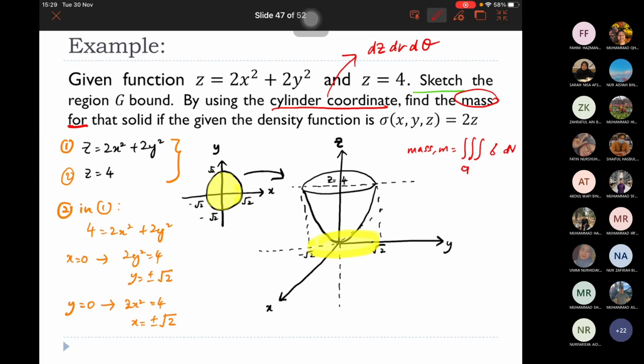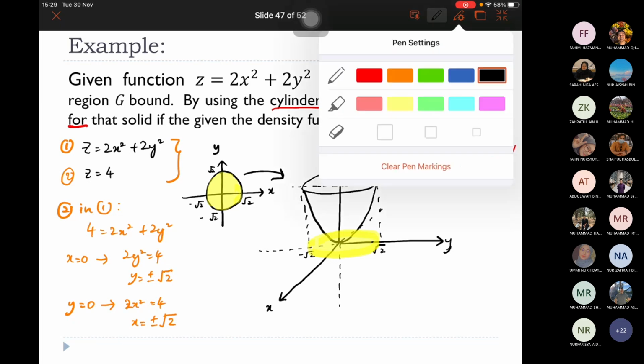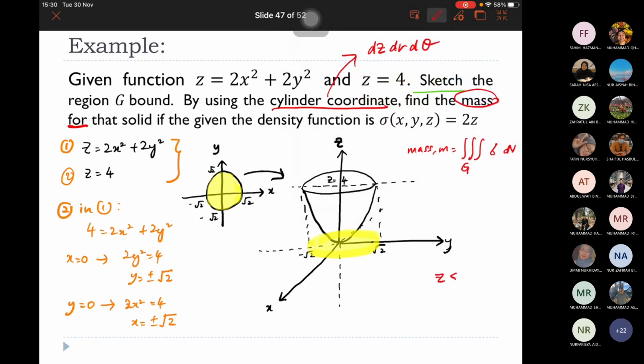From the diagram you will determine the limits for z, what is r and what is theta, all the boundaries for this.